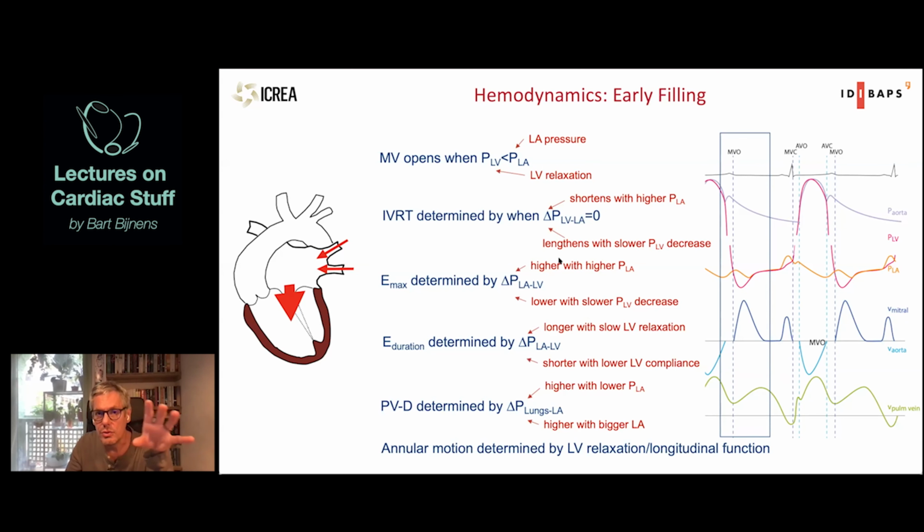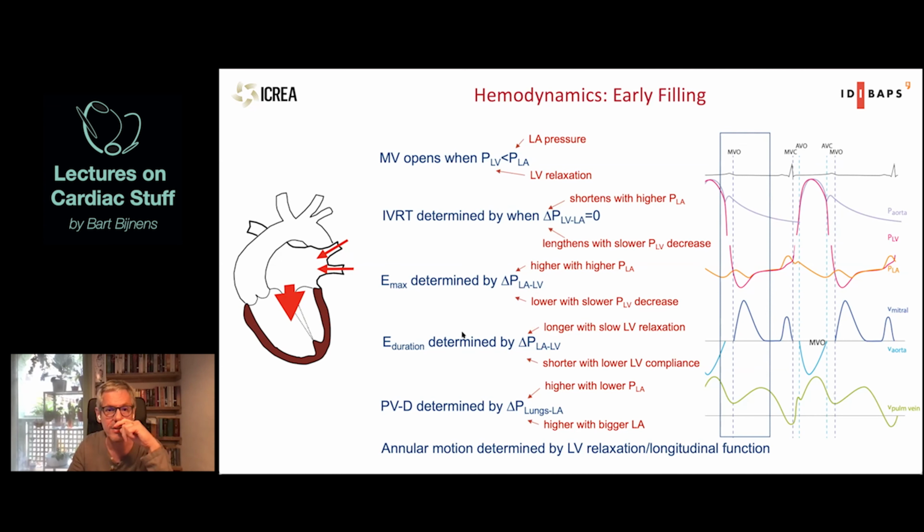So to come back to it, what is important is that we have some kind of estimate, or we think about pressure differences between the left ventricle and the left atrium, that these are very much determined by relaxation and determined by increased or not filling pressures. And some of these things we can look at: timing of opening of the mitral valve as compared to closure of the aortic valve. We get information from it by looking at the amplitude of the early filling velocity.